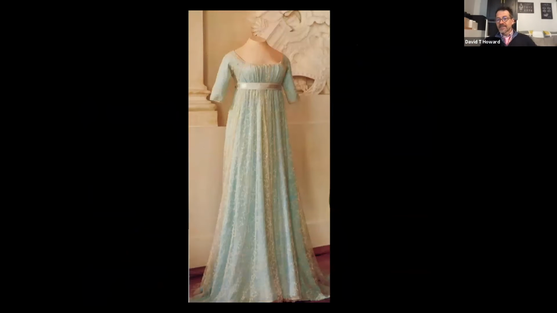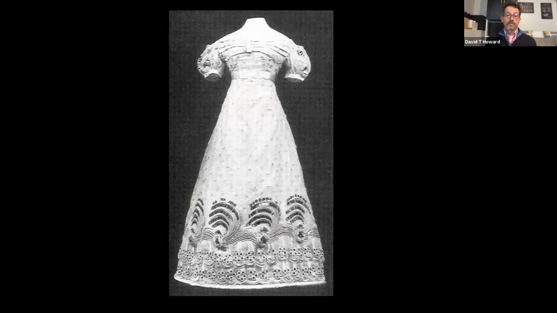Okay, so remember this, everybody loves this dress, so I brought it back one more time, why not? But this reminds us of where we are in that kind of most simple form of the empire. And here we can see how we have started to add volume at the bottom.